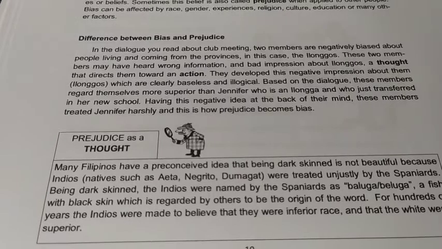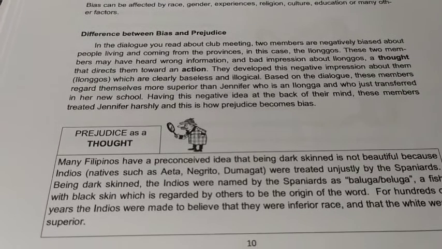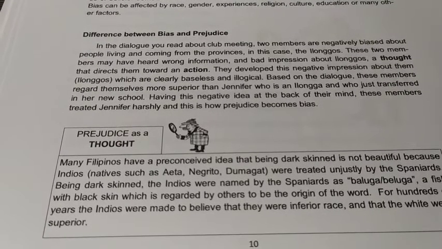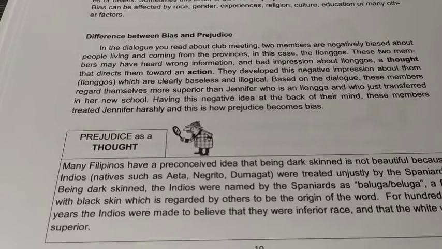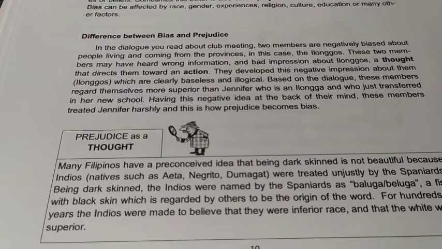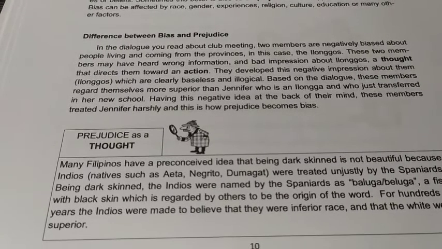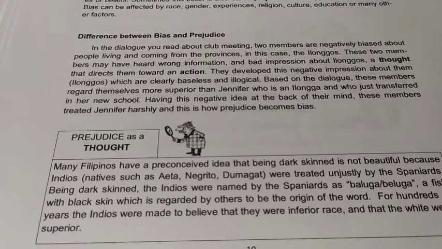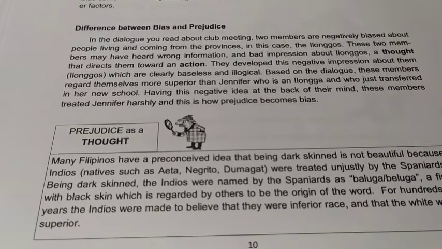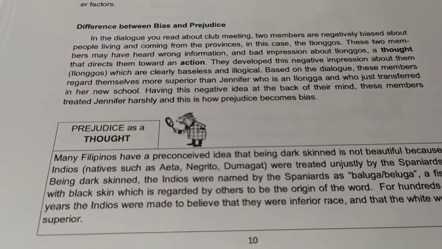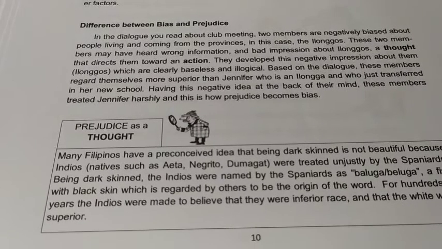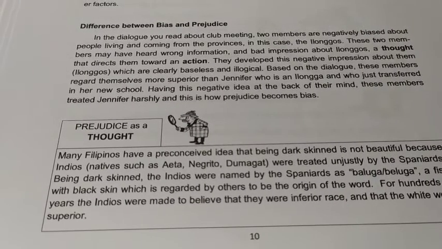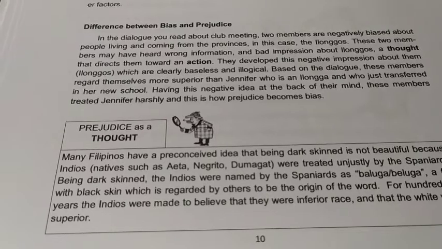Because of the Spaniards who treated those Aeta, Negrito, Dumagat with dark skin as baluga or somewhat ugly, which was a very shallow interpretation, analysis, judgment because of the tone, but it is not true to all.